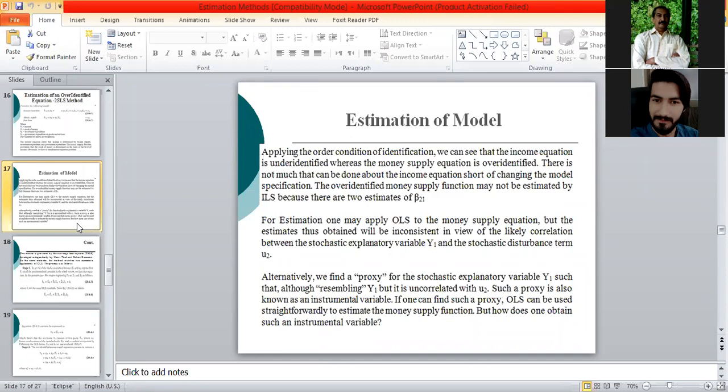So we look for a proxy for y1, which must be close to y1 but free from the influence of the error term. Such a proxy is also known as an instrumental variable.